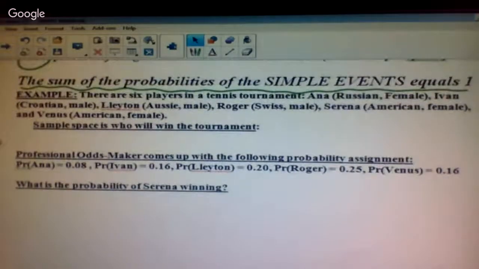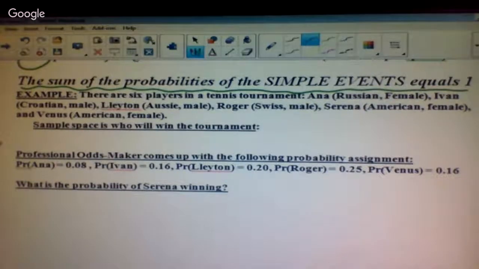We've got 6 players in a tennis tournament. Anna is a Russian female, Ivan is a Croatian male, Leighton is an Aussie male, Roger is a Swiss male, Serena is an American female, and Venus is an American female. Your sample space is who could win the tournament. Anyone, any of them.